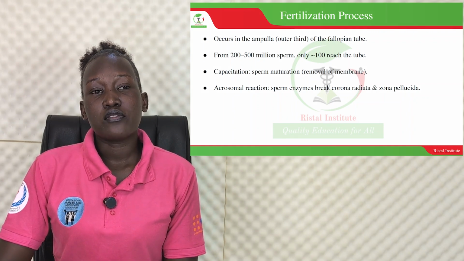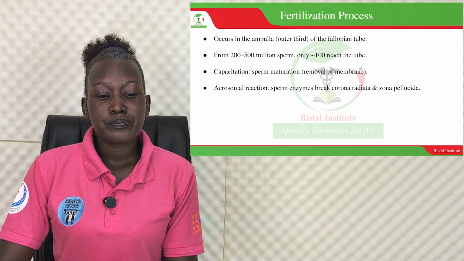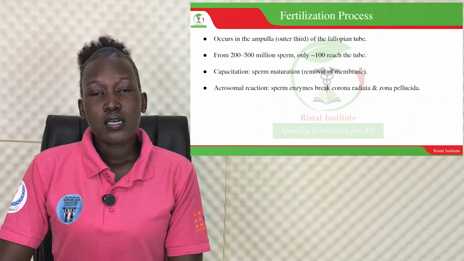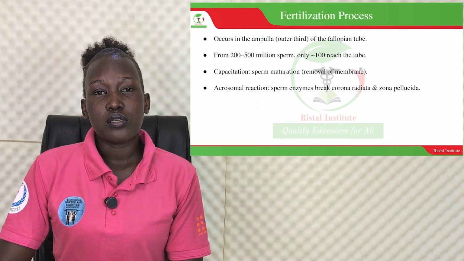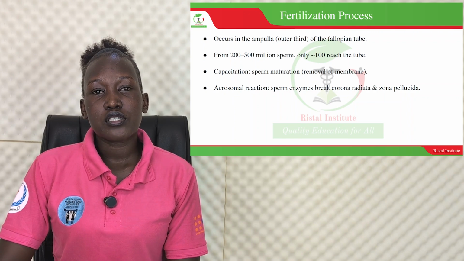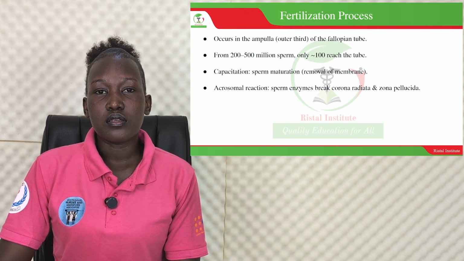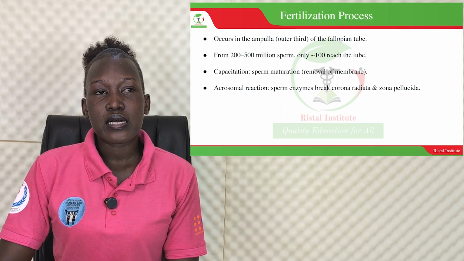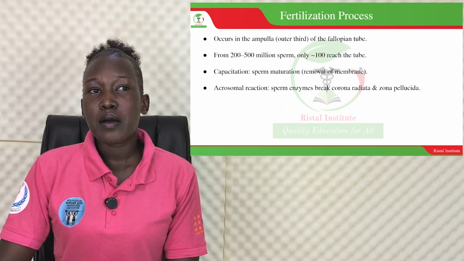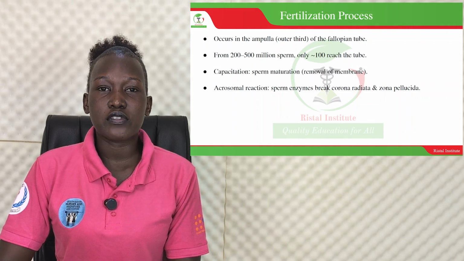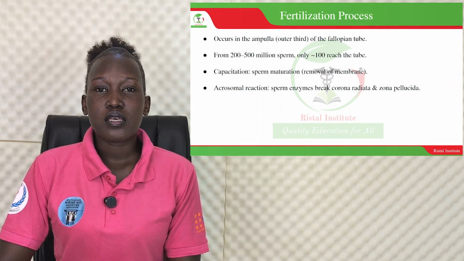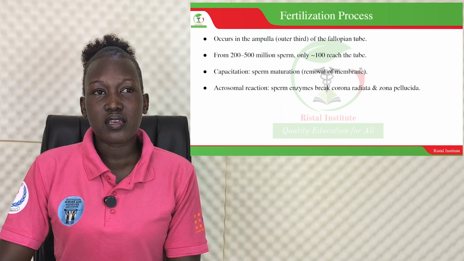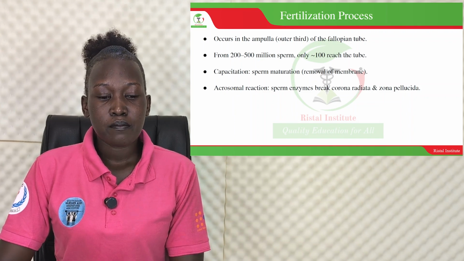So the egg will wait for the sperm at the ampulla, and the estrogen hormone will make the cervix produce cervical mucus, which will enhance movement of the sperm. That is if intercourse takes place within that specified period of time.